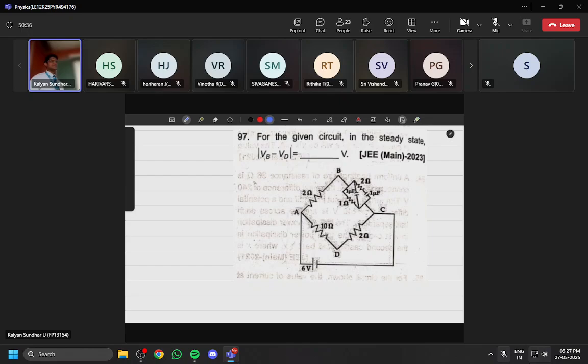So in a steady state, you already know there will be no current through the capacitor branch. Find it out.